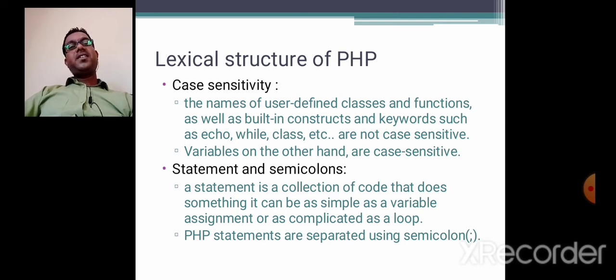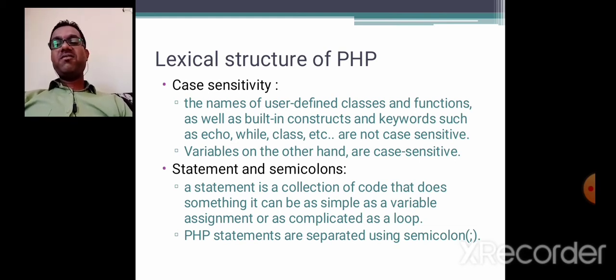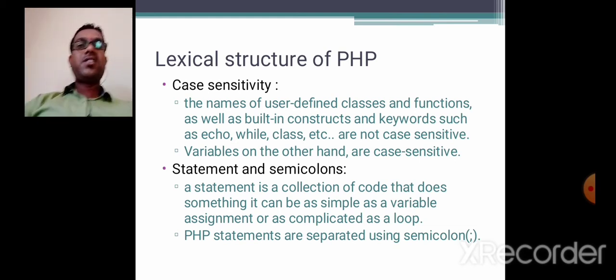In 1998, the PHP 3 version was released and that was a widely used version. After that, in May 2000, PHP 4 was released. After that, PHP 5 was released on 13 July 2004. After that, PHP 5.2 was released on 2 November 2009.